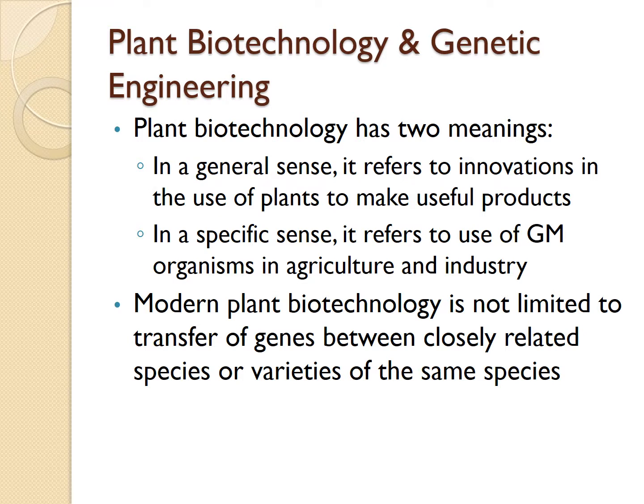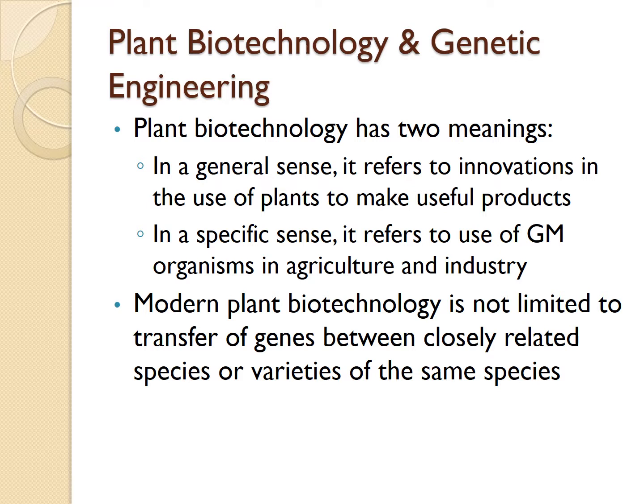So biotechnology and genetic engineering doesn't just have to deal with animals, it could deal with plants. And so there's two different meanings for this biotechnology in terms of plants. So first, it has to do with innovations and using plants to make some type of useful product. And another way, you can use genetically modified organisms for agricultural and industry.